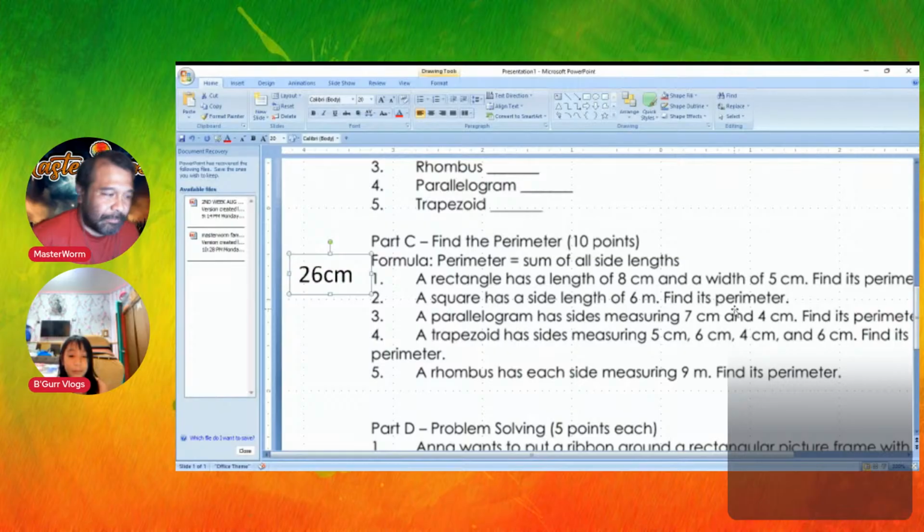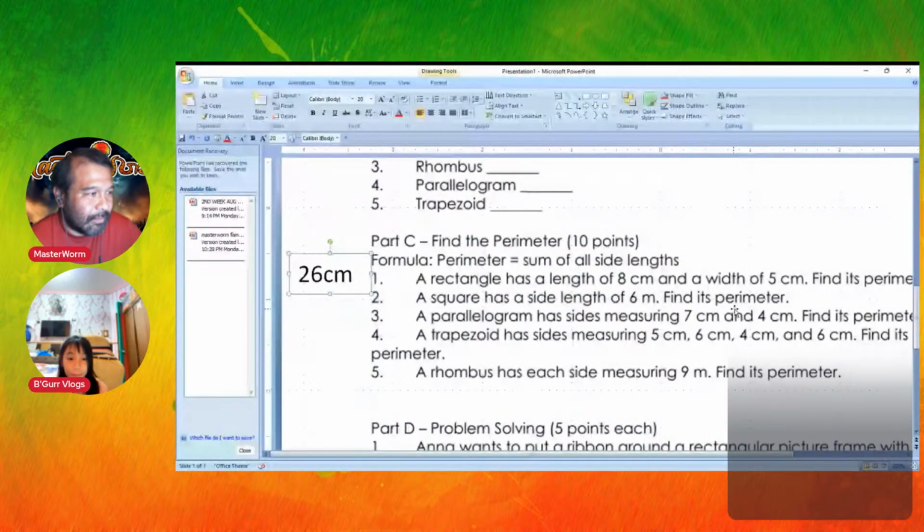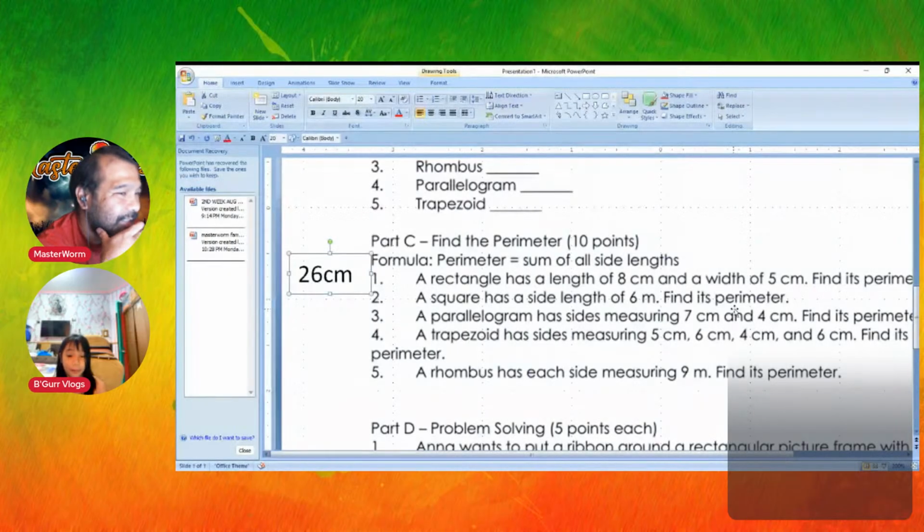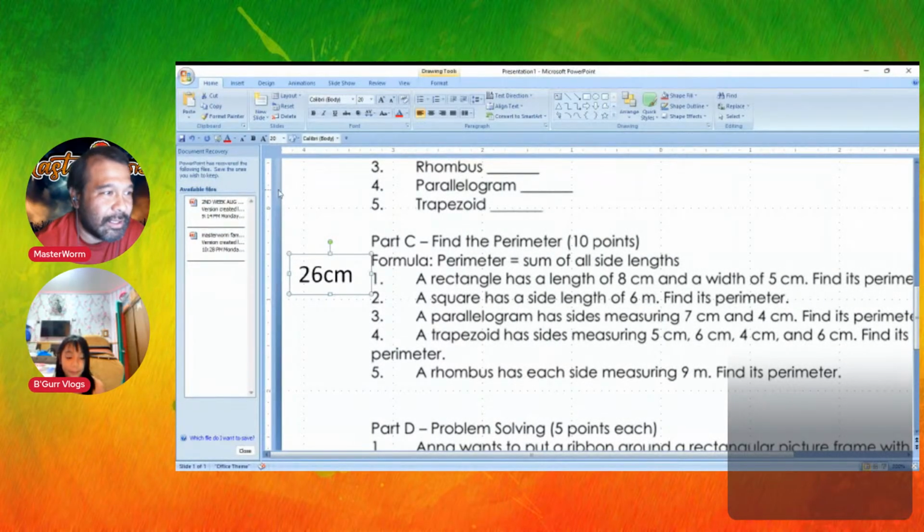How many sides are there in a square? 4. Okay. So if one side is 6 centimeters, what is the perimeter?